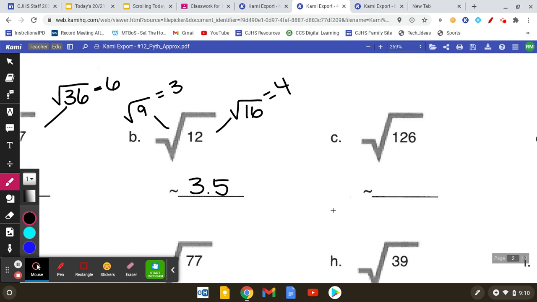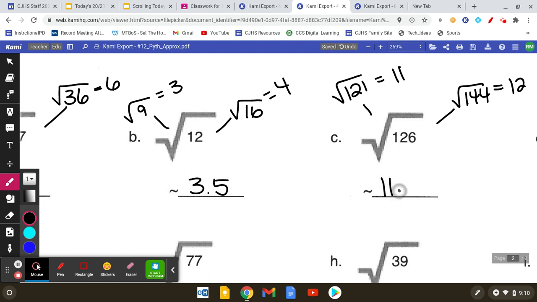Square root of 121 and square root of 144. Good. This is 11 and this is 12, so it's somewhere in between 11 and 12. Which one is it closer to? 11. Good.